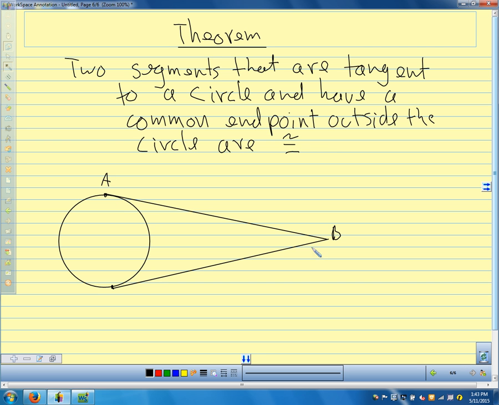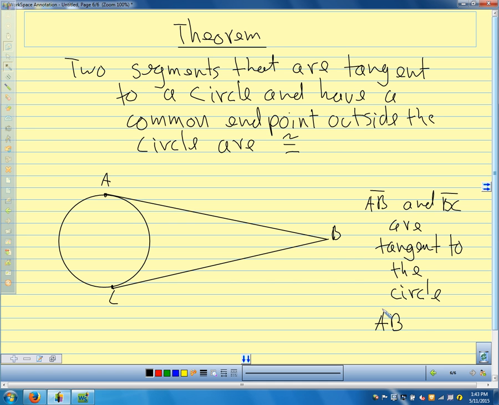We're going to call that A, B, and C. AB and BC are tangent to the circle. Segment AB is congruent to segment BC. Those two segments are the same.